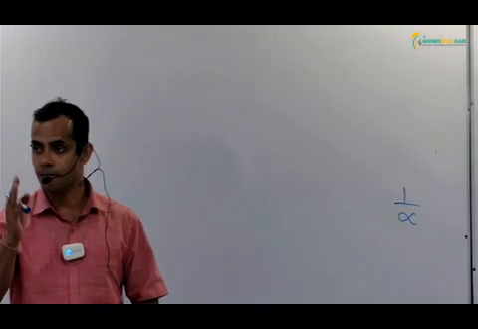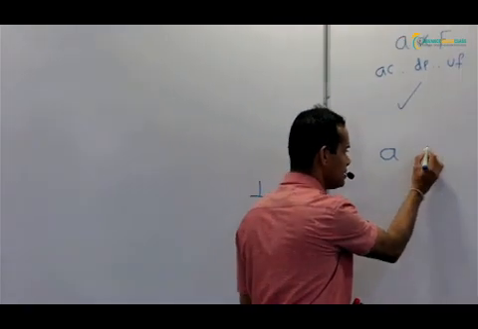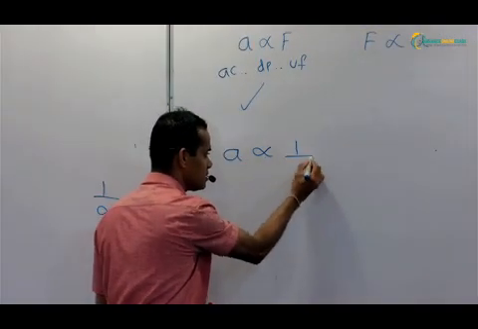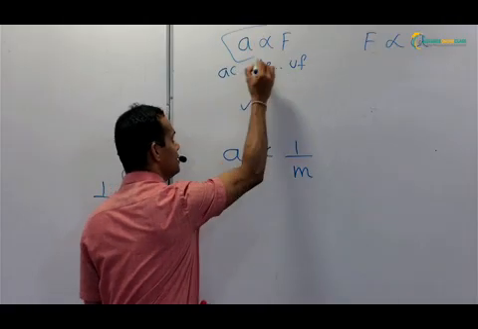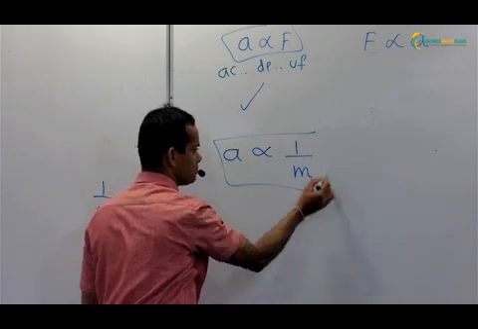What we write is acceleration is directly proportional to inverse of mass. So first one is this, second one is this.